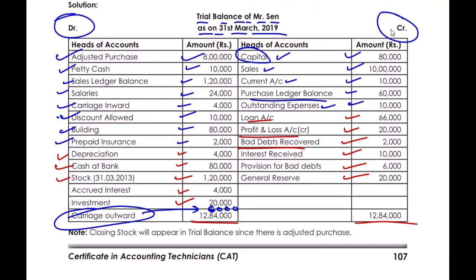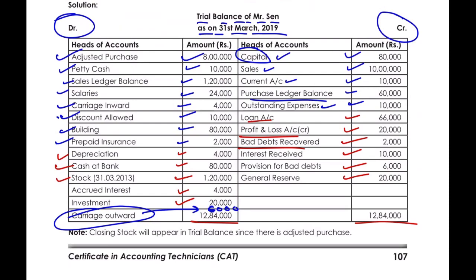Everybody, check it out. I think now everybody is able to match it.